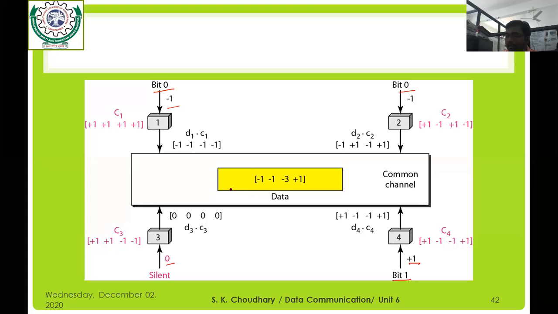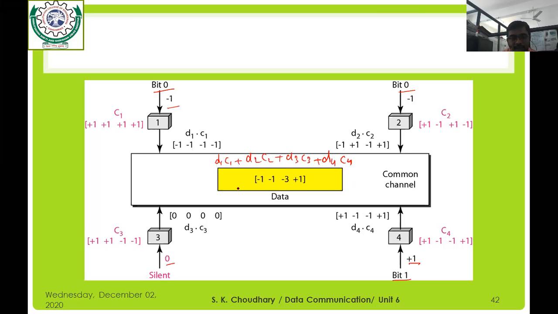All this multiplication is added, as we learned yesterday: D1 C1 plus D2 C2 plus D3 C3 plus D4 C4, and the combined data is sent on this common channel.